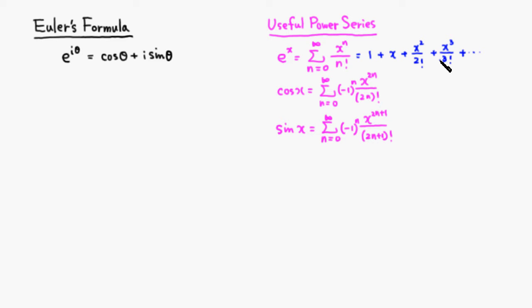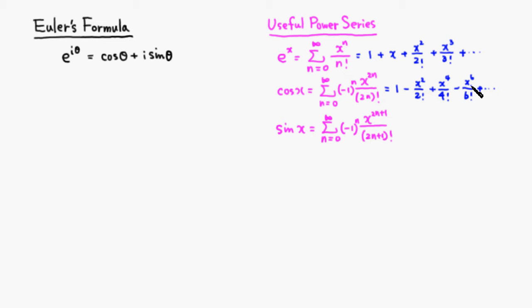And for cosine, cosine is an even function, and it's going up and down, so it's an alternating function. It's going to be 1 minus x squared over 2 factorial, plus x to the 4th over 4 factorial, minus x to the 6th over 6 factorial, and so on.